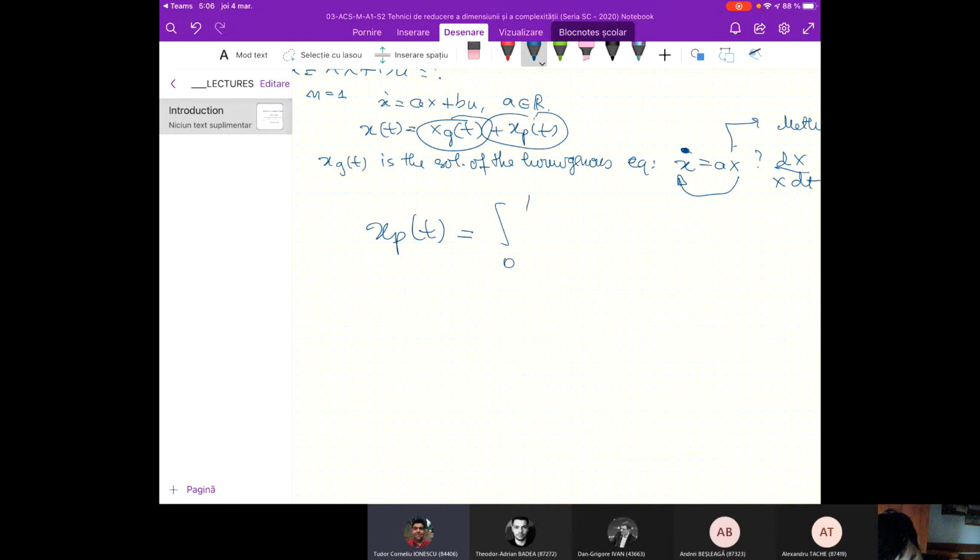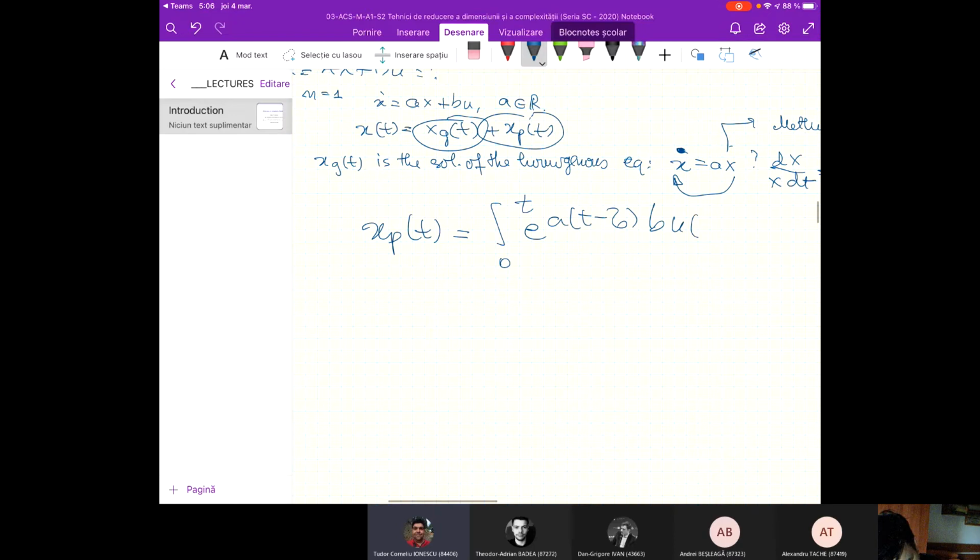It is the integral from 0 to t of e to the power a times t minus tau, b, not capital but small b, u of tau, d tau. This is the particular solution of such an equation.